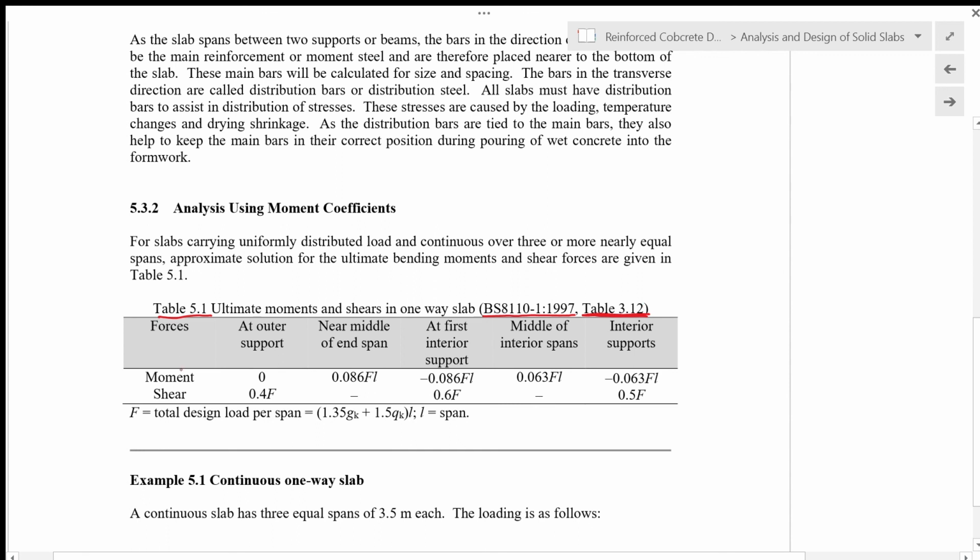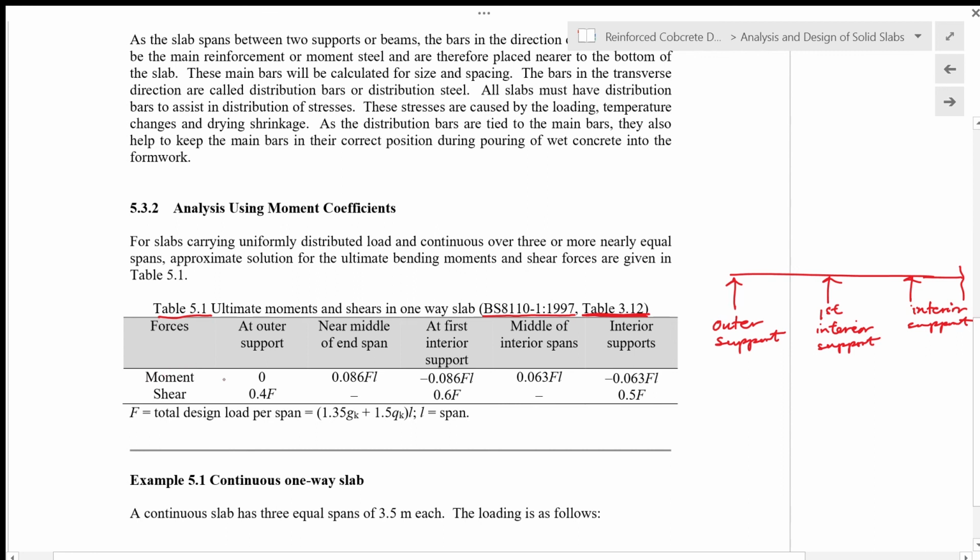If you have a continuous structure like this, this is considered the outer support, this is considered the first interior support, and then this is the interior support. In this case, the moment at the outer support is 0.